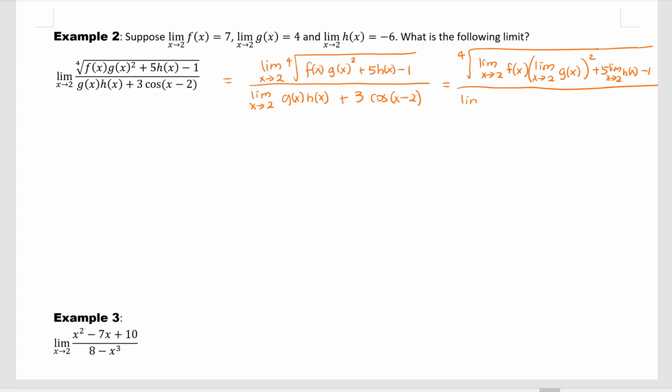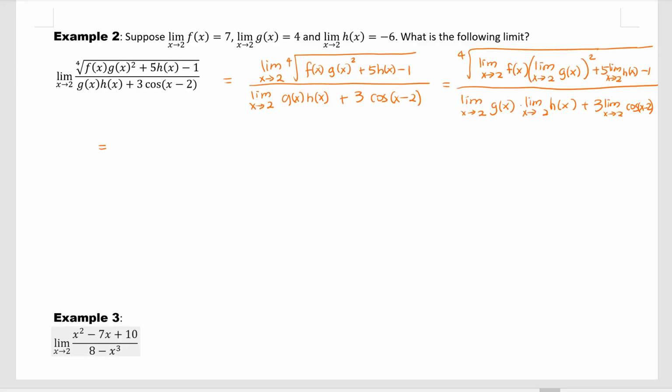And then here we can split g of x and the limit. Oops. No negative here. And h of x plus 3. We can factor out the 3. We can move out the 3. And then cosine x minus 2. Okay, so far so good, everybody.